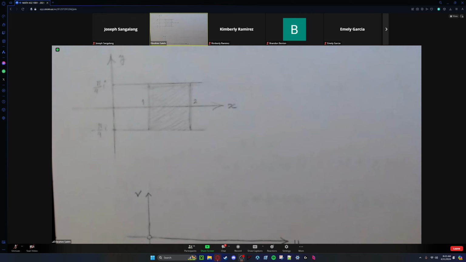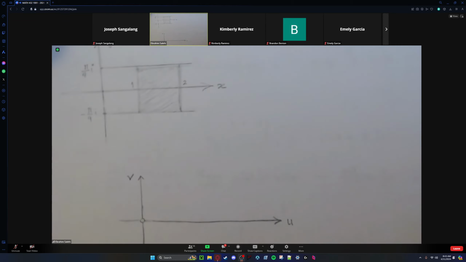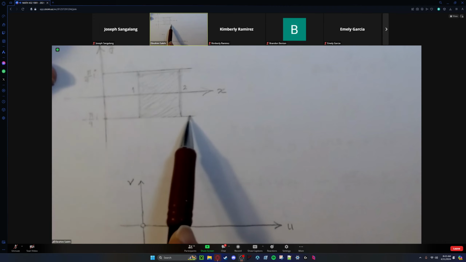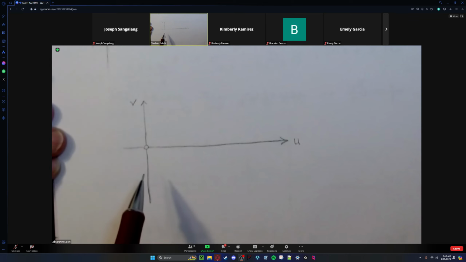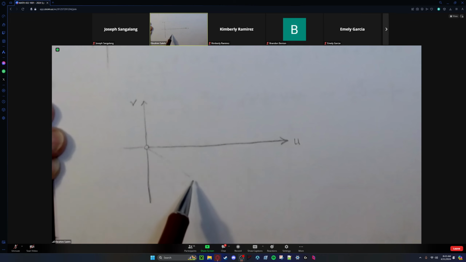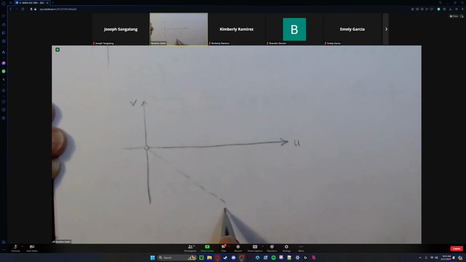So this horizontal line will become this ray, negative pi over 4.